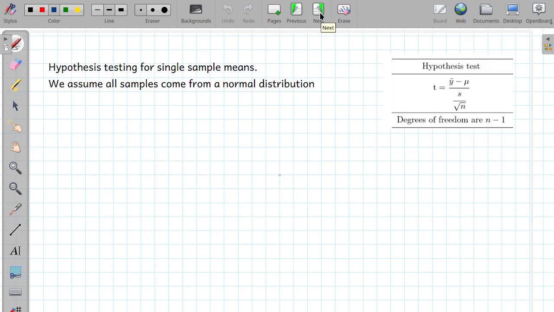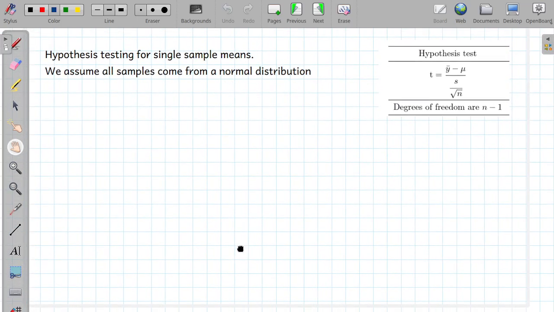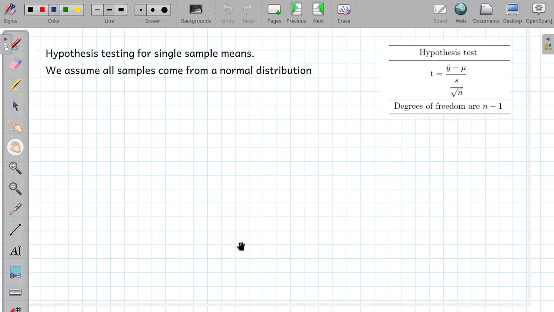Let's move on to hypothesis testing. Now, we're going to start with single sample means. Again, we're going to assume that all the means come from a normal distribution, and that basically simplifies down to one formula for now. When we get to the two sample stuff, we'll be back to pooled, non-pooled, but there's nothing we can do about that.